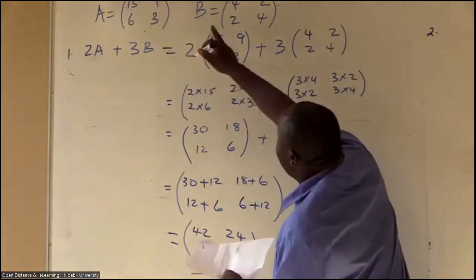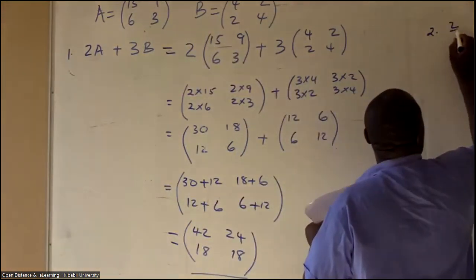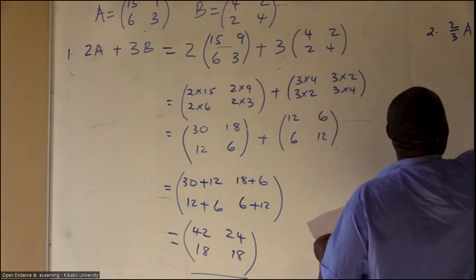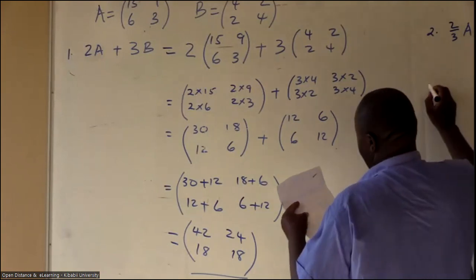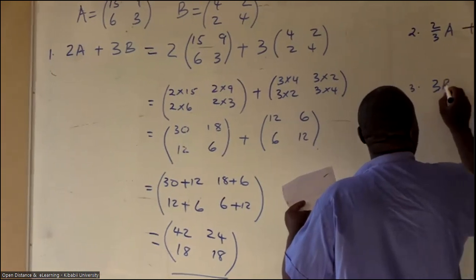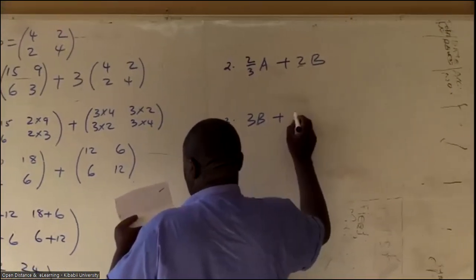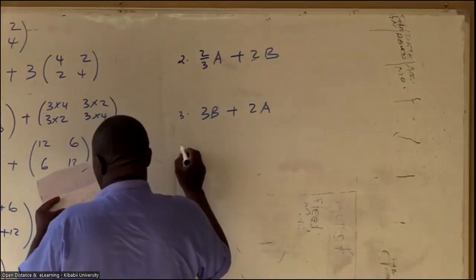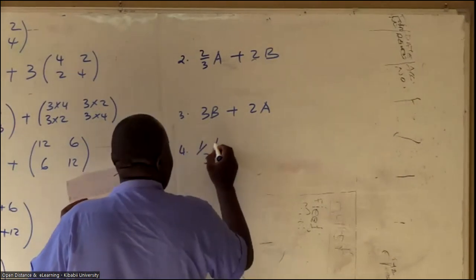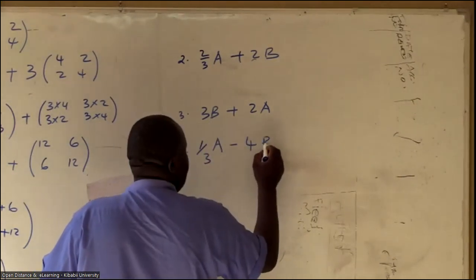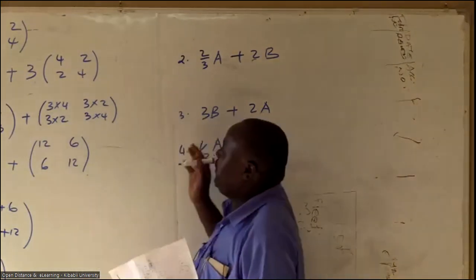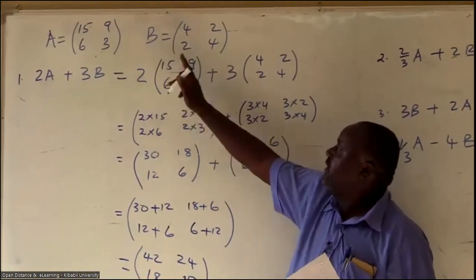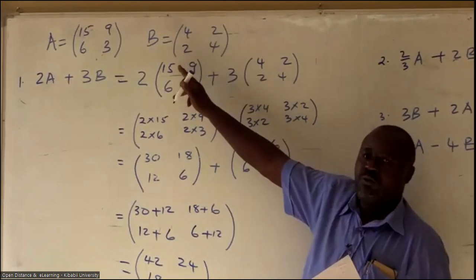Number 2, we're using matrices A and B. We get a matrix that is 2/3 A plus twice B. Then we can also get 3 times B plus twice A. Then we can do the final one, it is 1/3 A minus 4 times B. Let us evaluate using matrix A as given, 5, 9, 6, 3, and B as 4, 2, 2, 4.